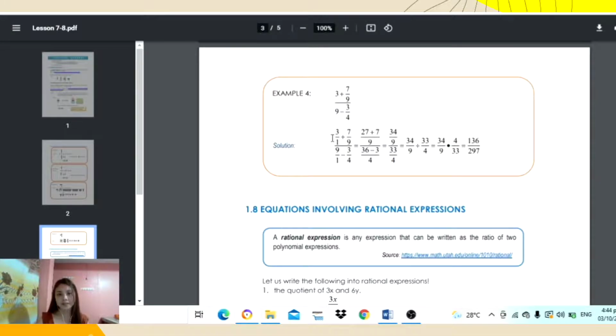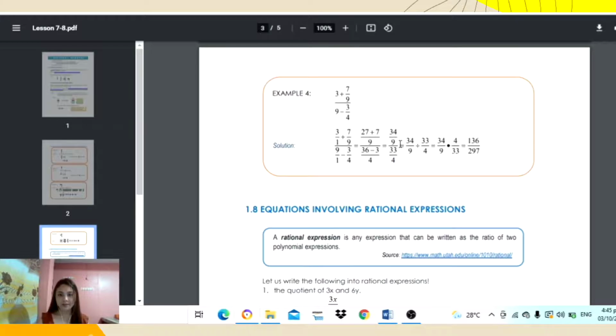So 9 times 3 is 27. And also 9 divided by 9 is 1, times 7 is just equal to 7. That's why we have here plus 7. Now we can add 27 and 7, which is just equal to 34 over 9.